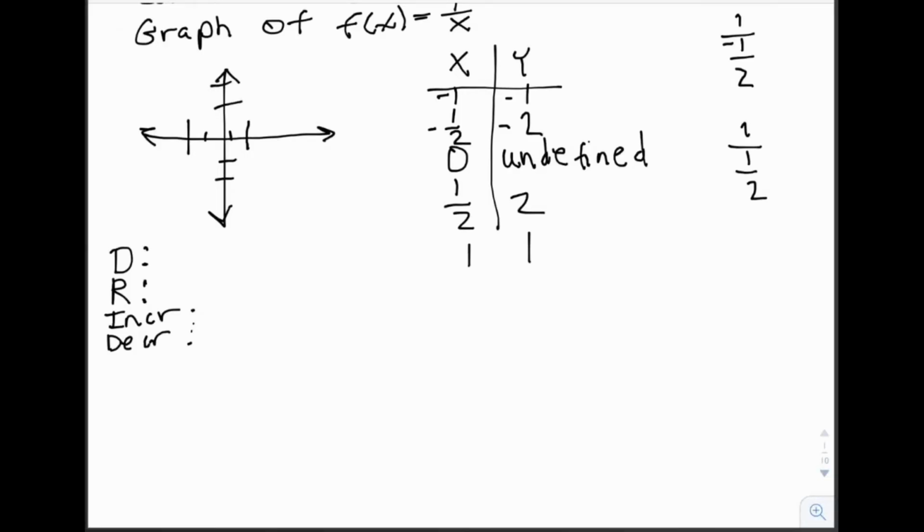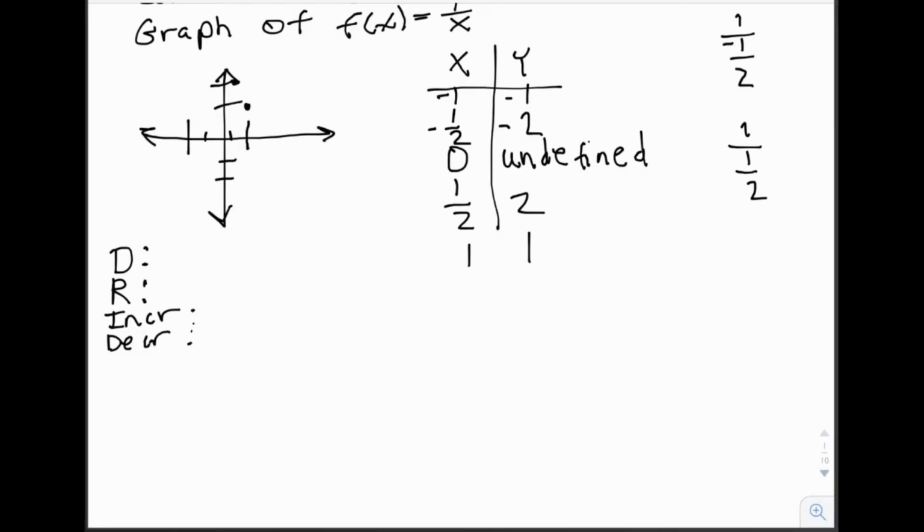So let's plot our points. We know at 0, 0, we're undefined, so let's move in either direction. 1/2, positive 2 is going to have a point right there. And 1, 1 is going to be right there. Negative 1/2, negative 2.